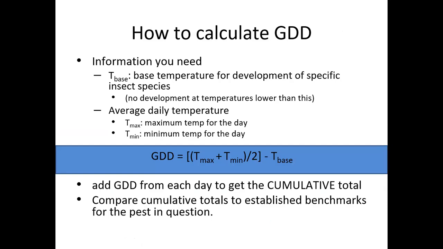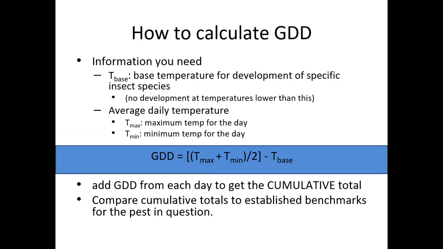One of the ways we can track European corn borer development is through the use of growing degree days, and that is using your local temperature data, your temperature information, and a fairly simple calculation to keep track of what that corn borer development is. Because insects are exothermic, they respond to the temperature in their environment.